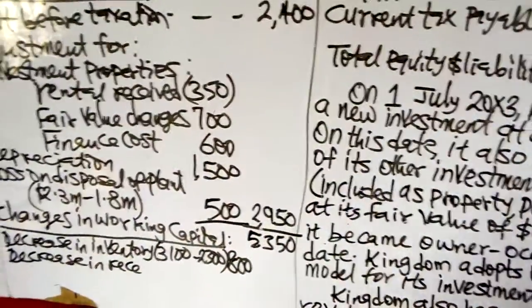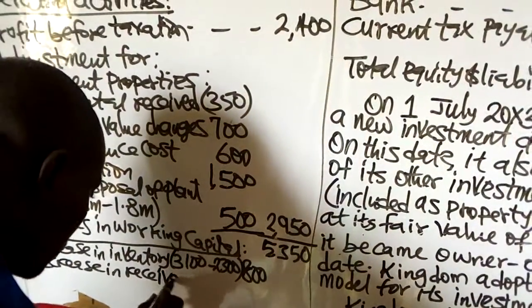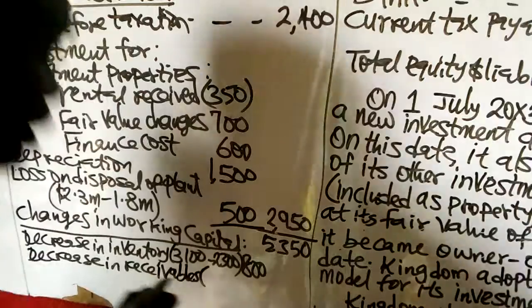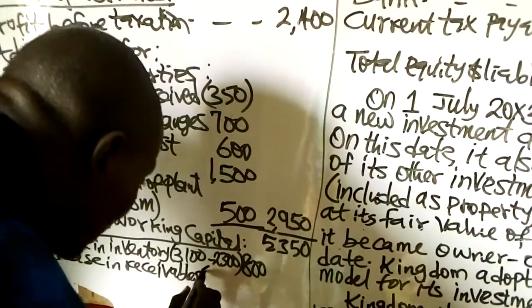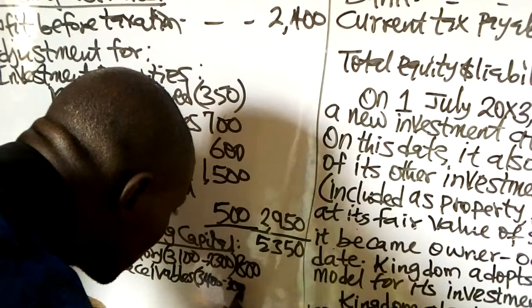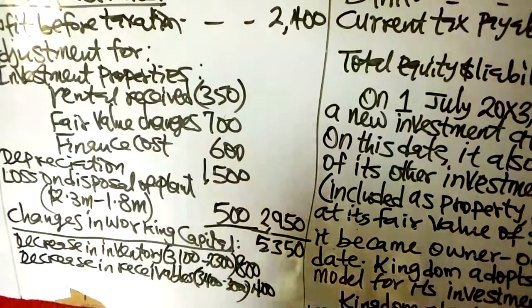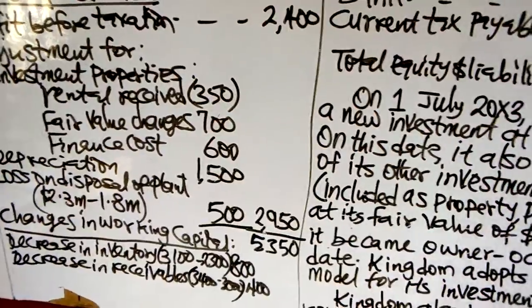Decrease in receivables, which is 3,400 minus 3,000, then you have 400. Decrease should be added also, since they are part of current assets.